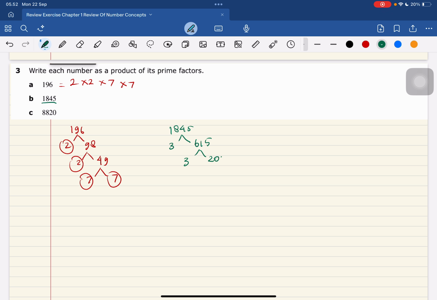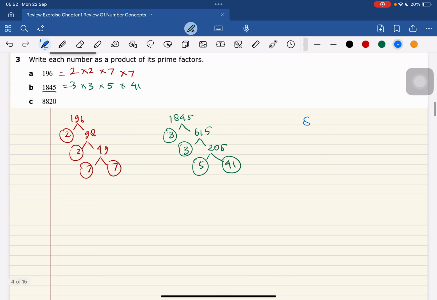It's 205. We divide by 3 again. No, we couldn't divide by 3. So let's try to divide it by 5. It's going to be 41, and 41 is a prime number. So this is going to be 3 times 3 times 5, and then the last is 41.